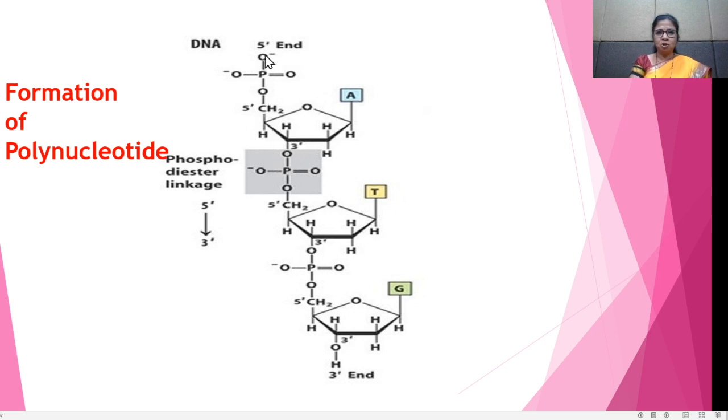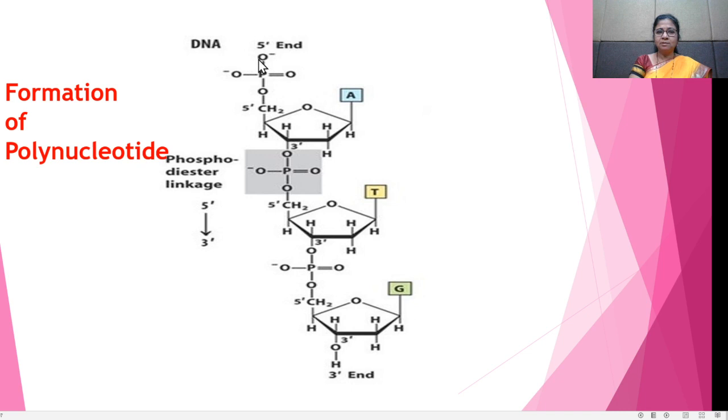When this phosphate group is attached to this 5' carbon atom, it is the 5' end, and in this way each nucleotide is linked to the other by this phosphodiester linkage. And this one, see here, is the 3' OH, therefore it is the 3' end. That means the polynucleotide has a 5' end and a 3' end.